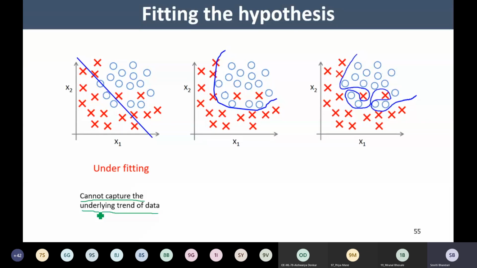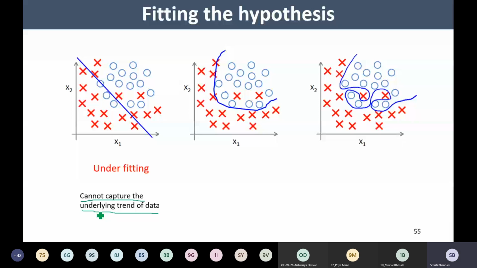Usually it happens when we have a small number of samples in our training data set. If we do not have enough data, or if we try to come up with a linear model and the underlying data is non-linear in nature, then also we may face this problem of underfitting.